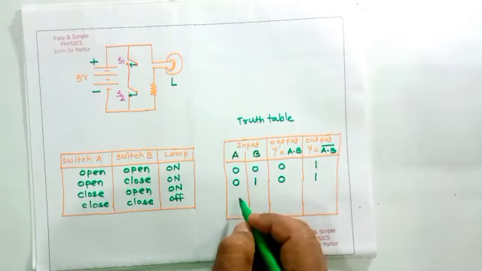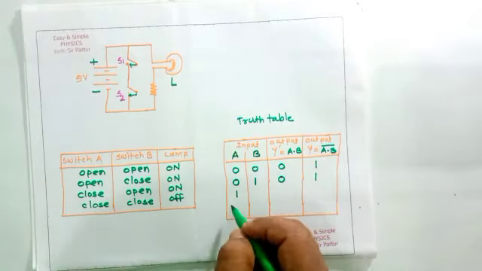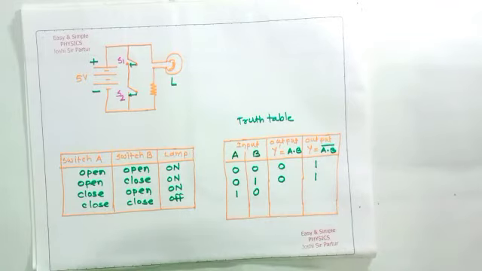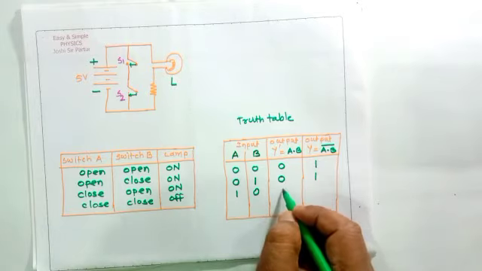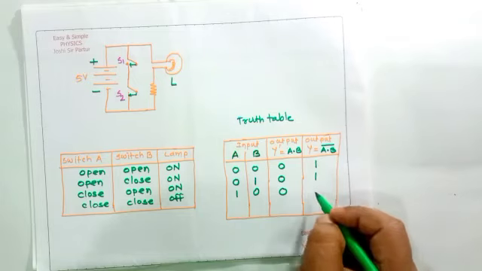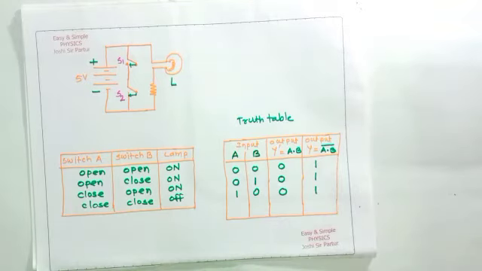If input A is high and input B is low, then output Y dash will be low and output Y will be high.